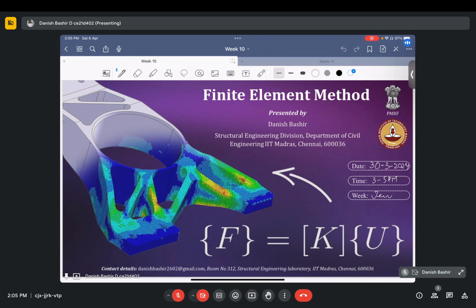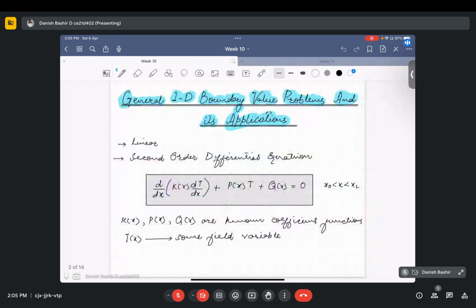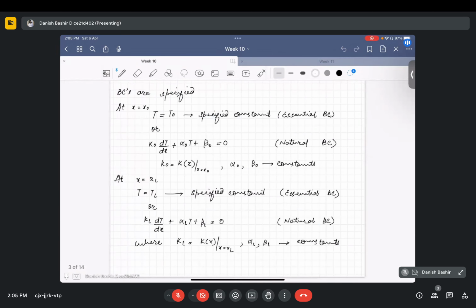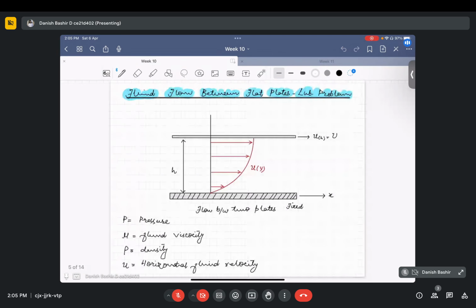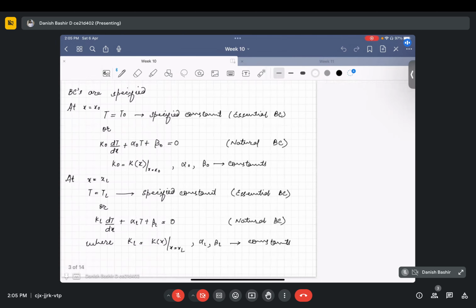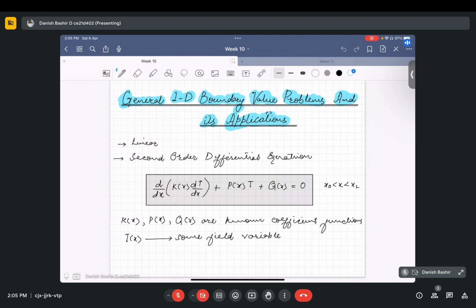And in the last class, we also saw the formulation for the fluid flow between two plates, which were separated by a distance h. So continuing on the same topic, today we will be seeing one more application of this general 1D boundary value problem, that is column buckling.